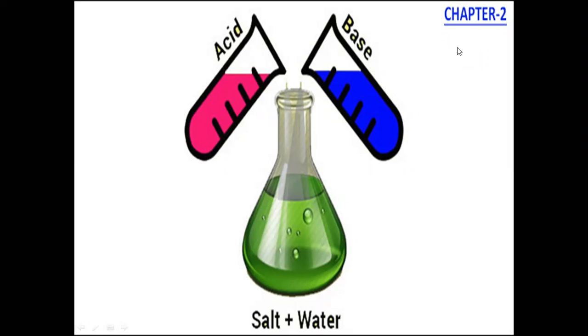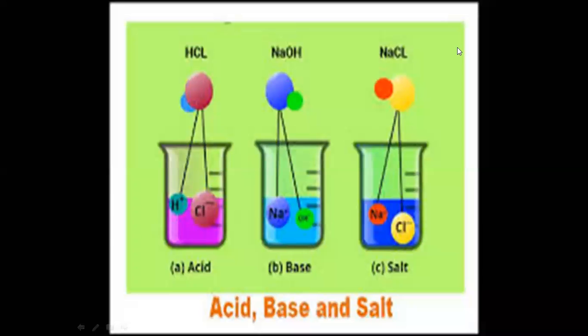Acid means H plus ions separate in the aqueous solution. Base means that OH minus ions separate in the aqueous solution. And when acid and base react with each other, they form salt.